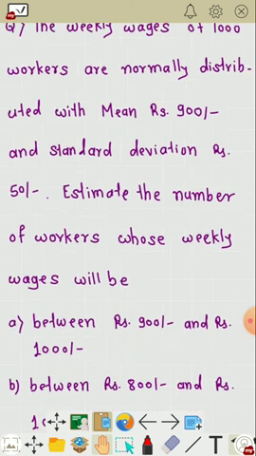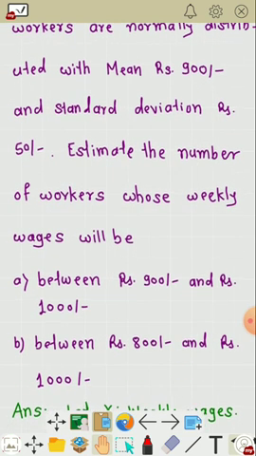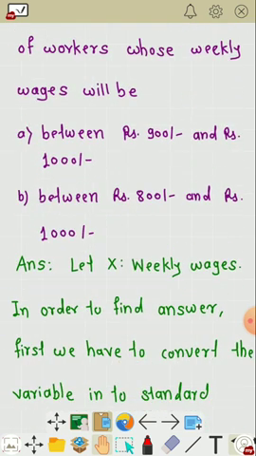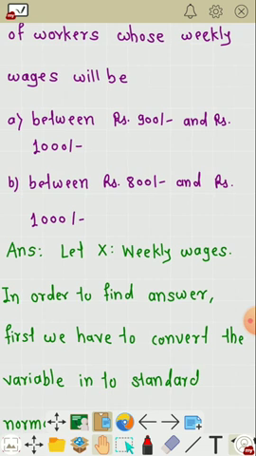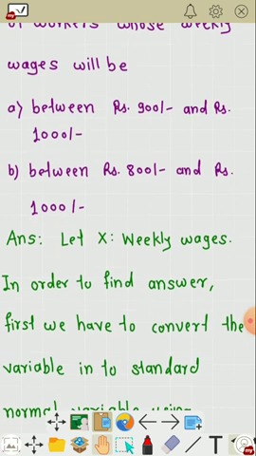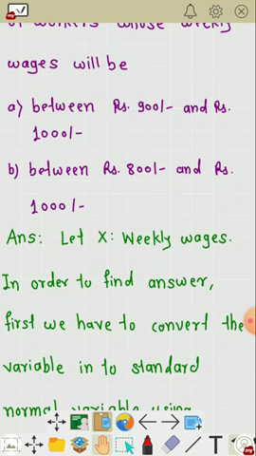Estimate the number of workers whose weekly wages will be: a, between rupees 900 and rupees 1000; and b, between rupees 800 and rupees 1000.